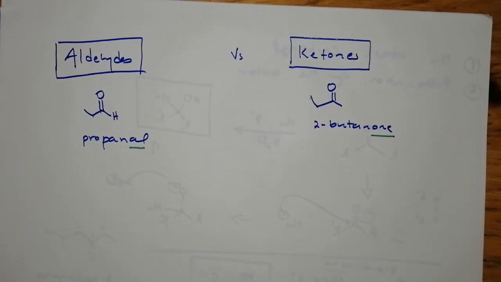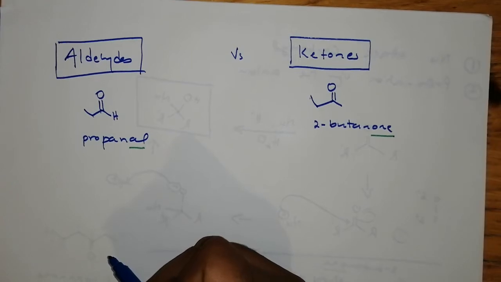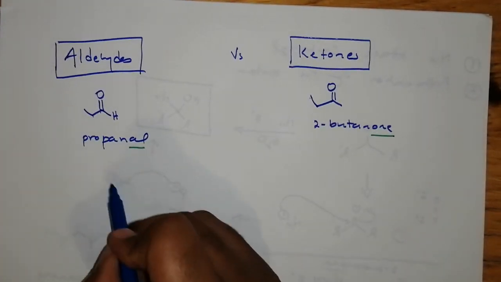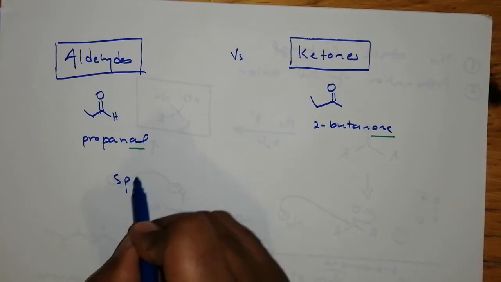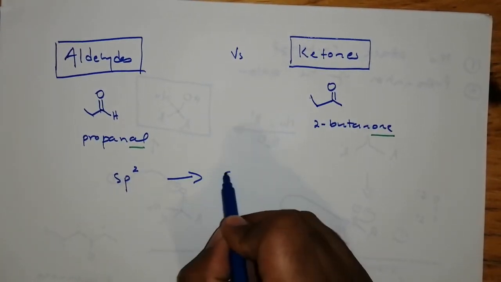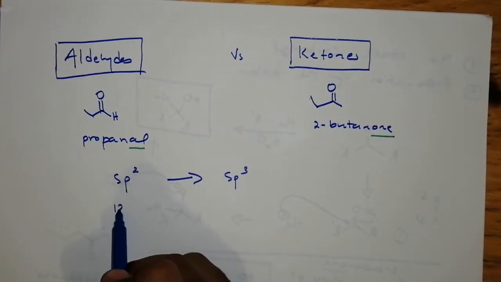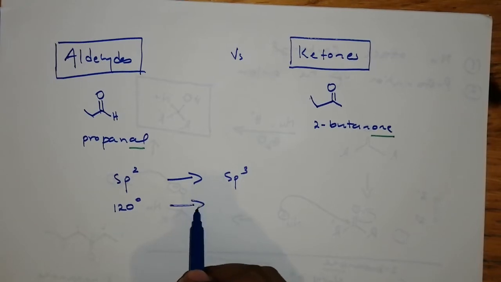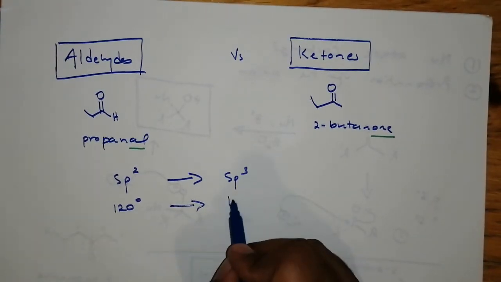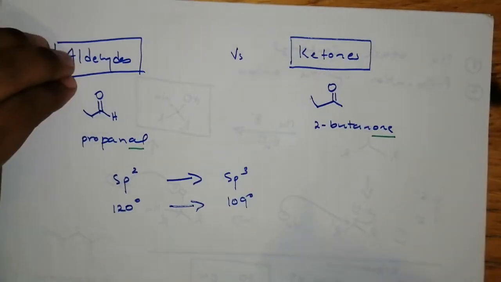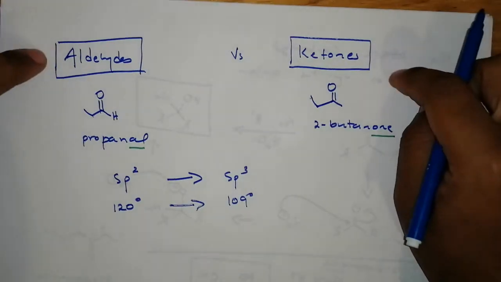So taking into account what we spoke about the previous time when we were analyzing the transitions, in the sense that we move from sp2 to sp3, and then obviously the bond angle decreases from 120 to about 109 degrees. So we are going to use this phenomenon when we look at which one between these two is more reactive.